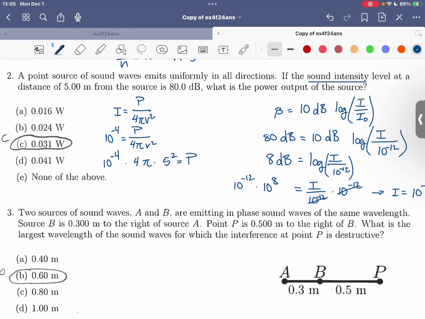When we multiply all of those together, that should give you the correct answer. It's 4. All right, so that's number 2.